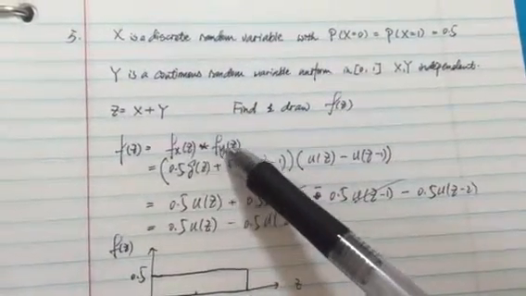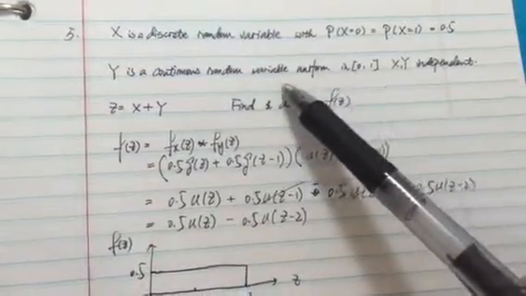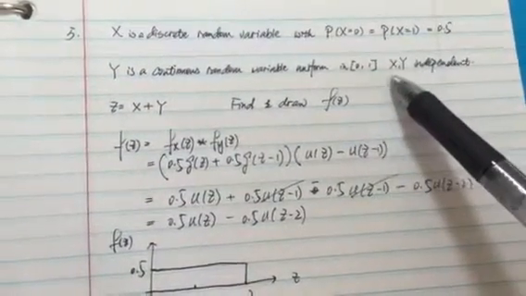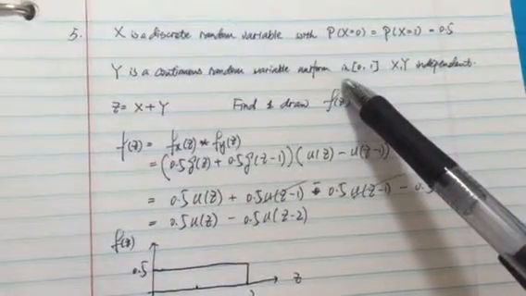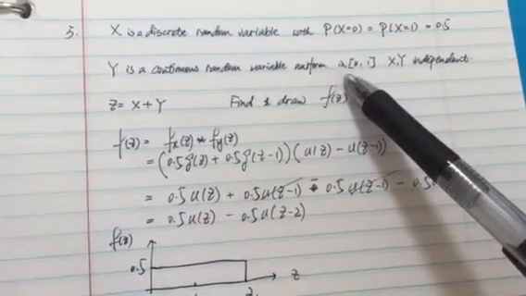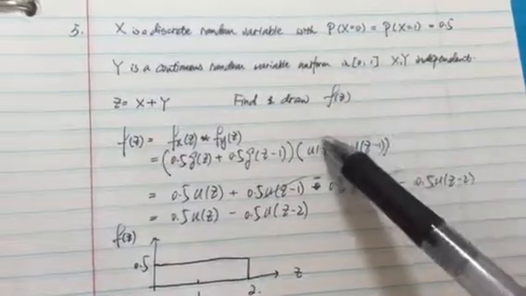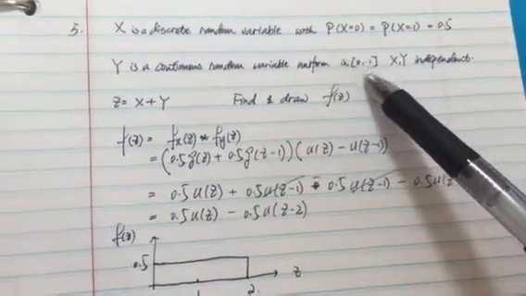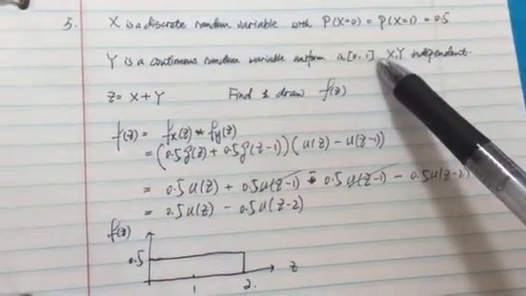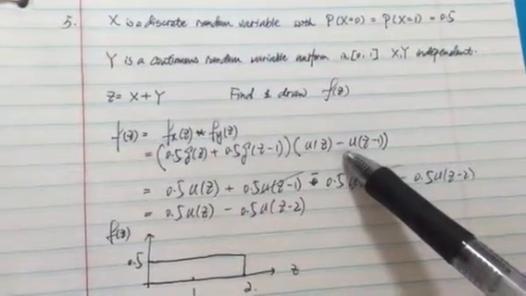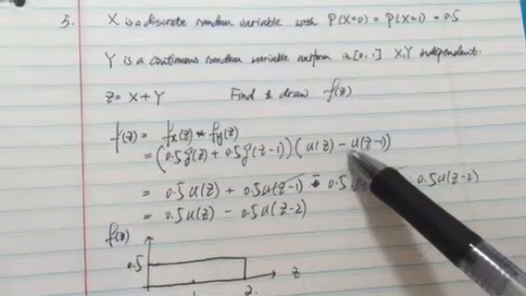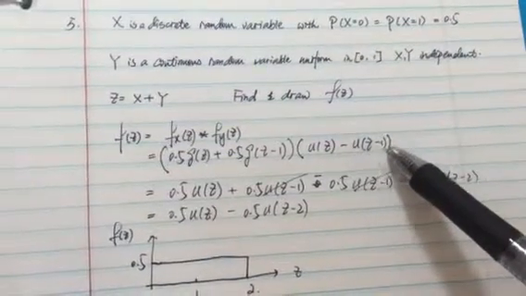And fY of z is the unit step function where X equals 0 first. Then we have u of z, and then when X is 1, we have z minus 1, minus the unit step function of z minus 1.